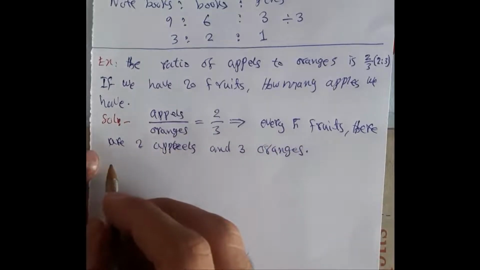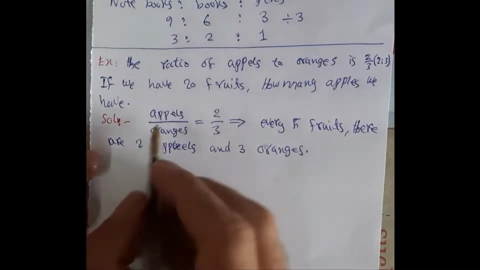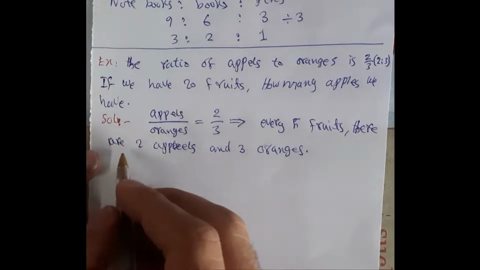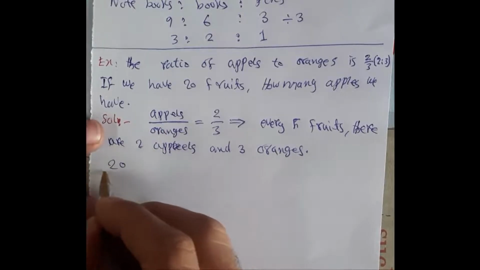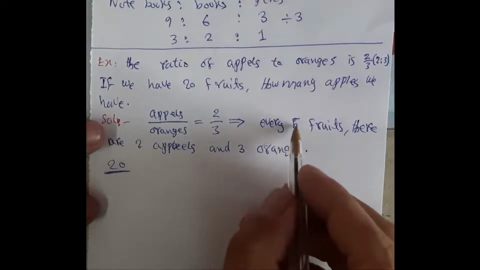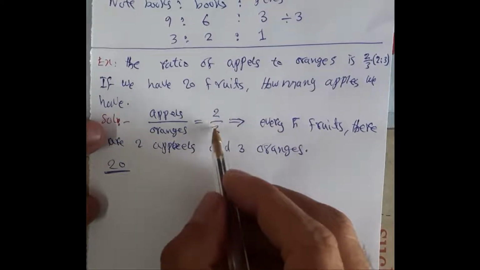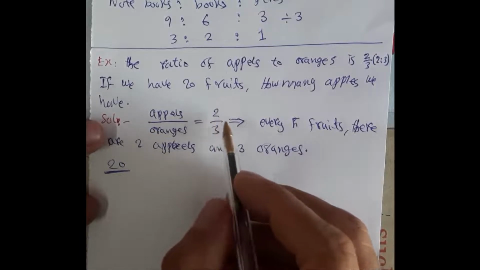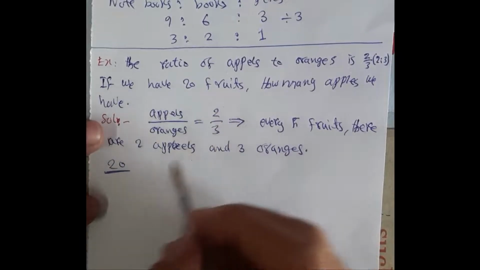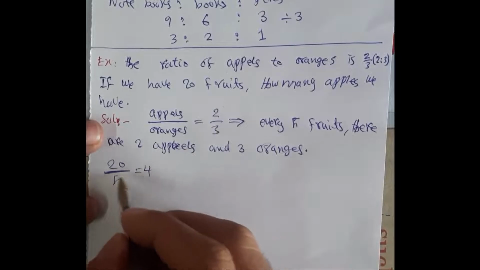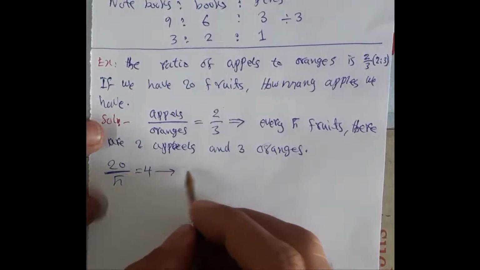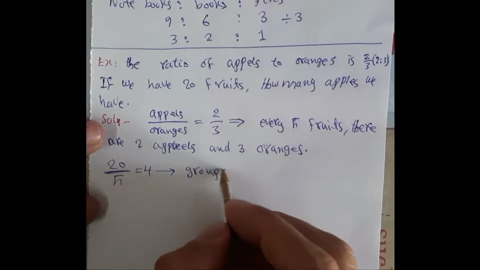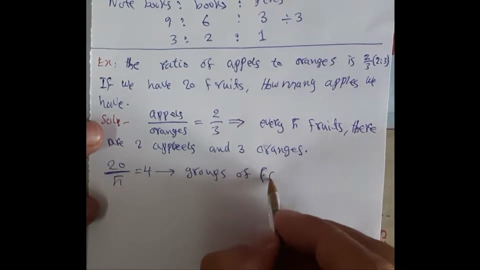So we have 20 fruits. When we divide it by 5, here is 2 apples, 3 oranges, totally 5 fruits. So we divide 20 by 5. It is equal to 4. We have 4 groups of fruit.